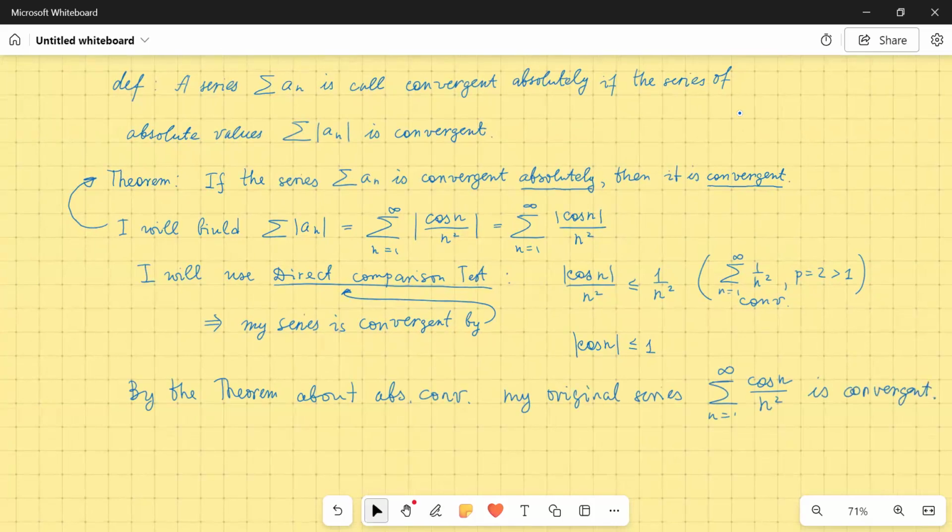Usually, all mathematicians know that absolute convergence is stronger than just convergence. So if you say that something is convergent absolutely, you don't even need to mention the theorem. Everyone is going to understand that it's just convergent. Everything that is convergent absolutely is going to be just convergent.